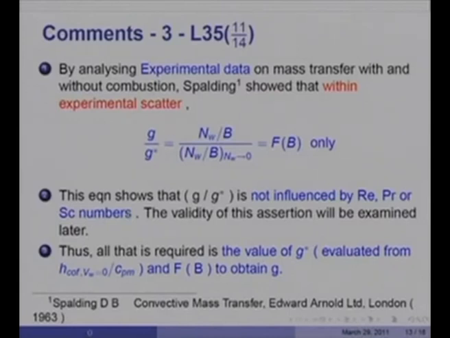This is what the experimental data shows, both in internal flows as well as external flows: flow over cylinders, flow over flat plates, and flow through tubes, and so on.